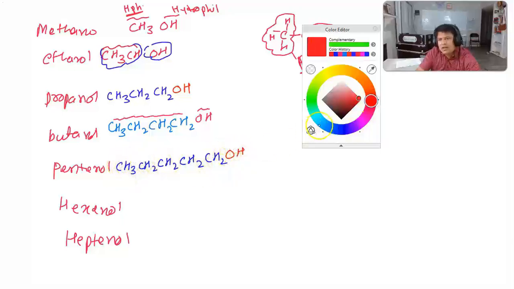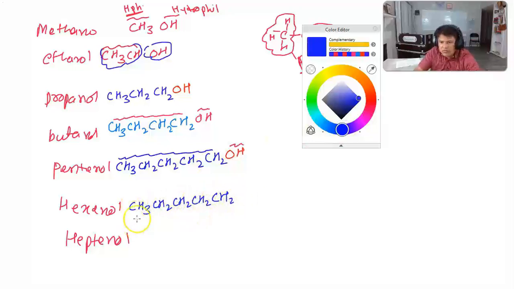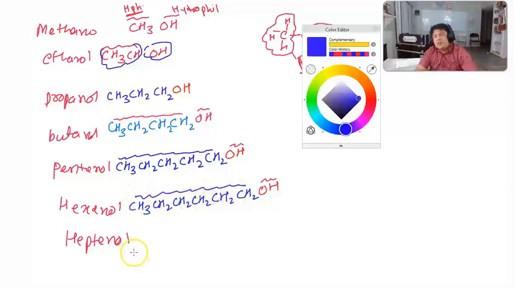Again the same thing: the blue part is hydrophobic and the red part is hydrophilic. If you think about hexanol, CH3, then CH2 groups, OH, this OH part is hydrophilic and this whole other part is hydrophobic. So the hydrophobic part keeps increasing.